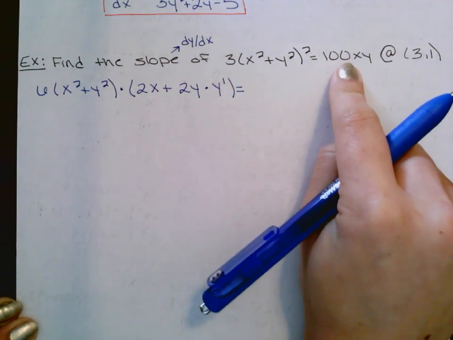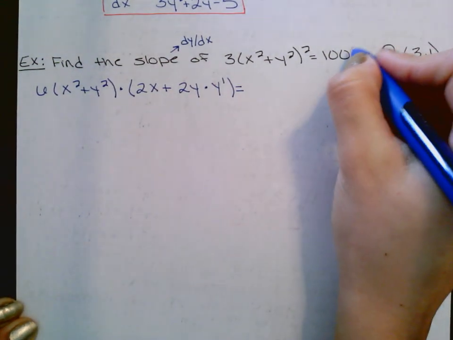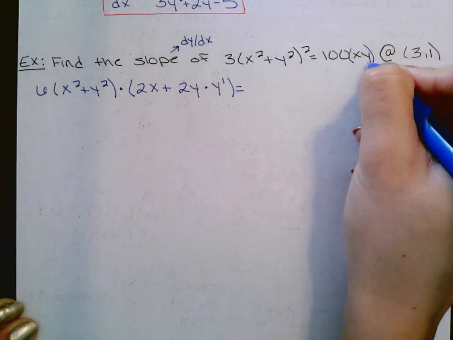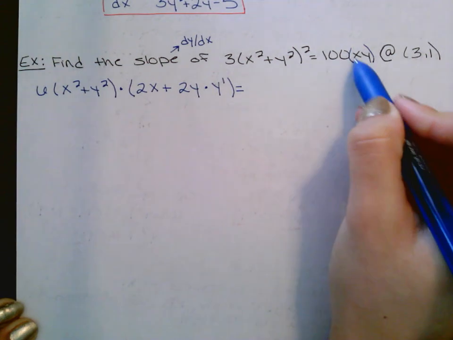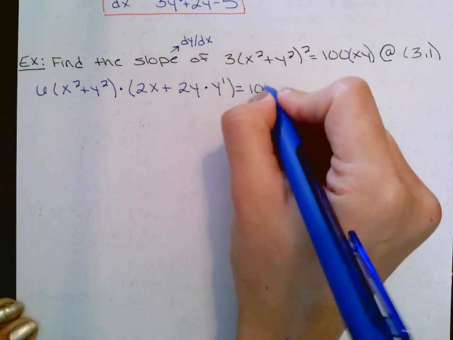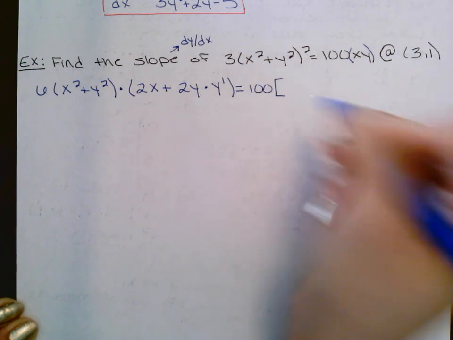Equals, now let's do this right side. Feel free to treat that as 100 times x times y, and you can just do the product rule to x and y. Okay, so I can leave a 100 out here as a coefficient.